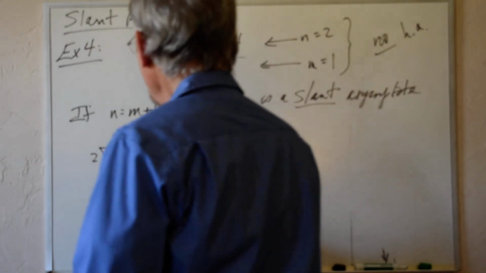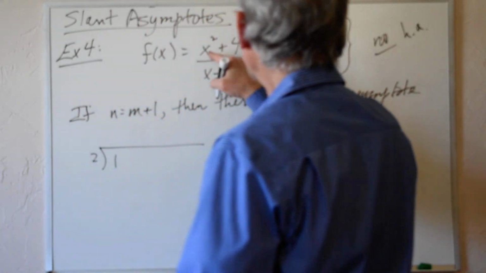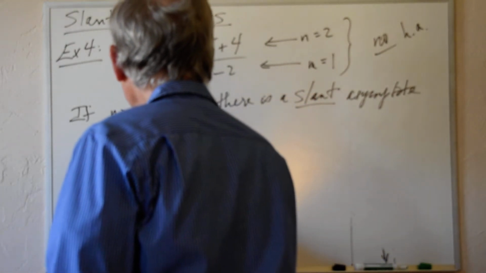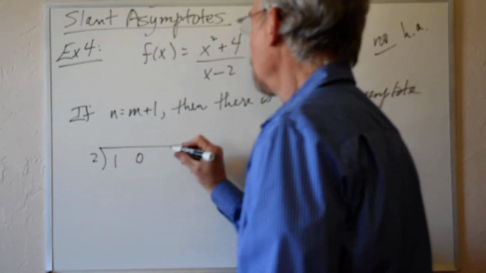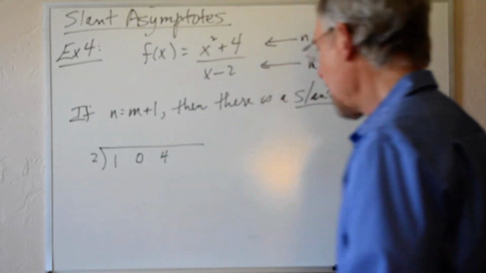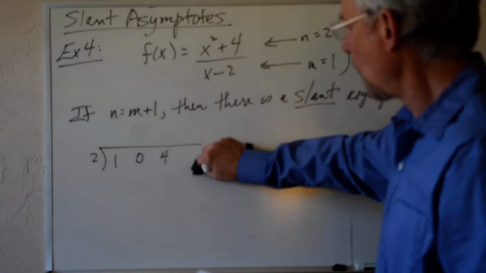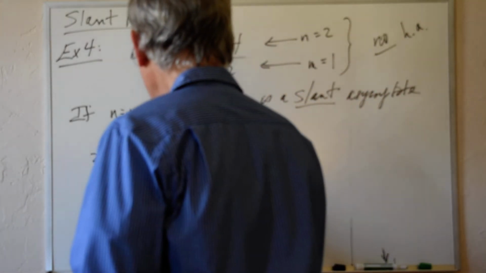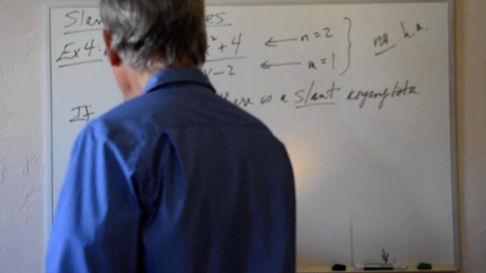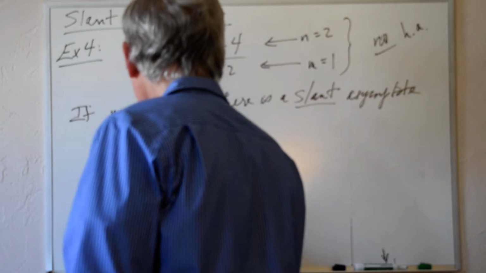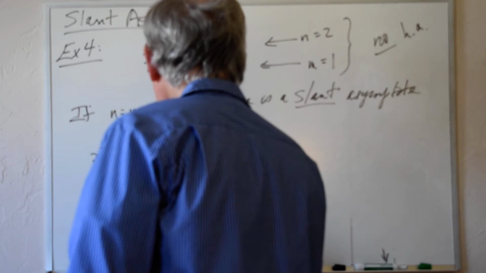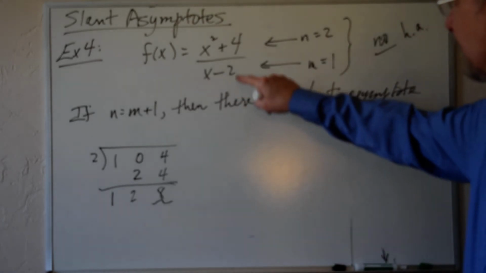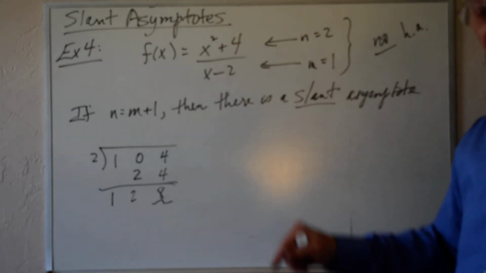We're dividing into 1, that's 1 times x squared, then 0 times x, and then your constant 4. So that is the synthetic division problem that we want to do. Bring down the 1, 1 times 2 gives me 2, add them up, 2, 4, I have a remainder of 8. Well, that tells you that x minus 2 is not a factor of x squared plus 4.